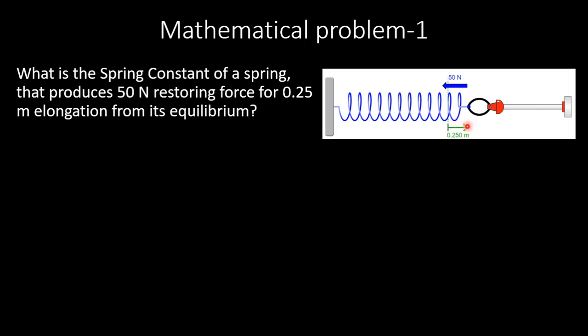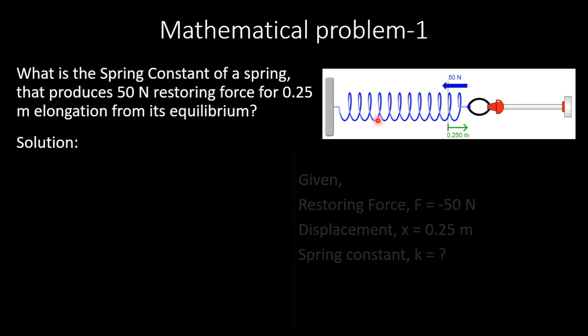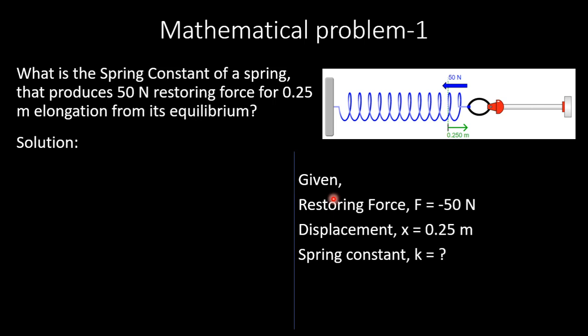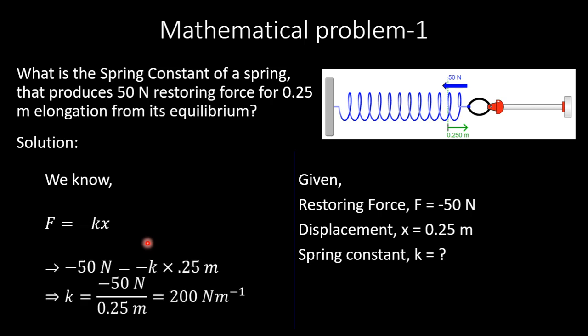Now we have to determine the spring constant of the spring. As a solution, we know the given information: F equals minus 15 Newton, displacement is 0.25 meter, what is the spring constant k? When we put the values in the formula F equal minus kx, we find the value of k as 200 newtons per meter.